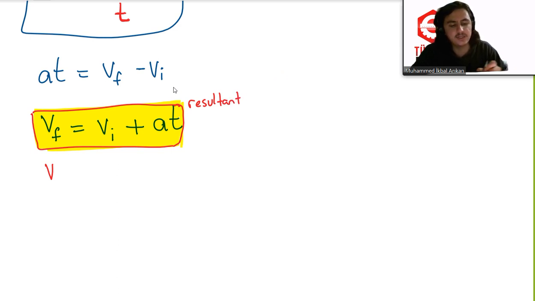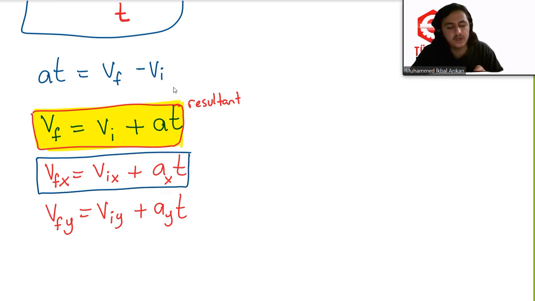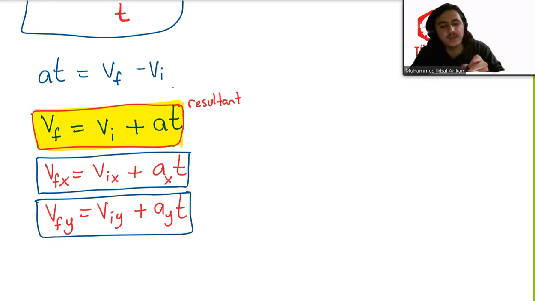What about the velocity in x? v final in x will be equal to initial velocity in x plus acceleration in x times time, and final velocity in y will be equal to v initial in y plus acceleration in y times time. This same formula will apply for the 2 components and the resultant. So I have 3 vectors: the resultant one, the x one and the y one.